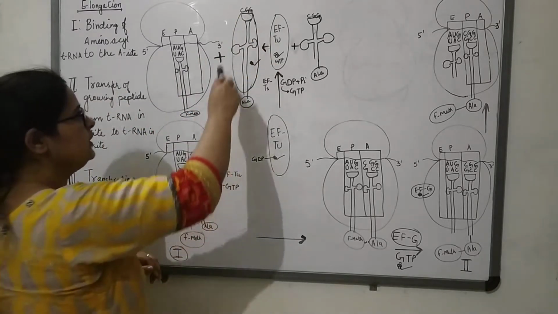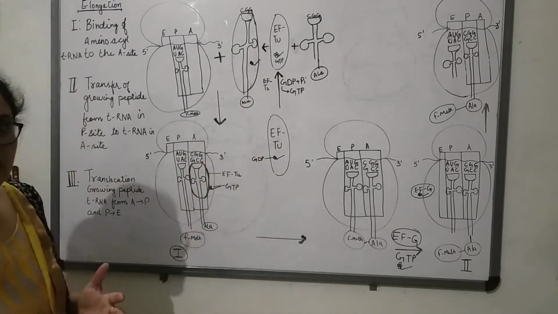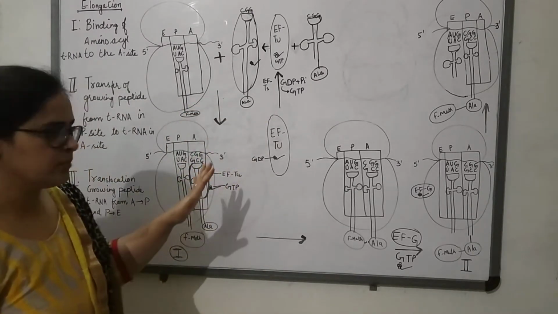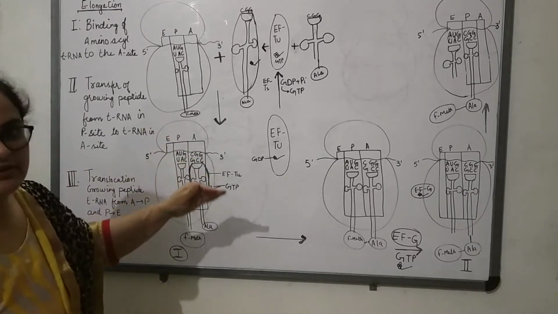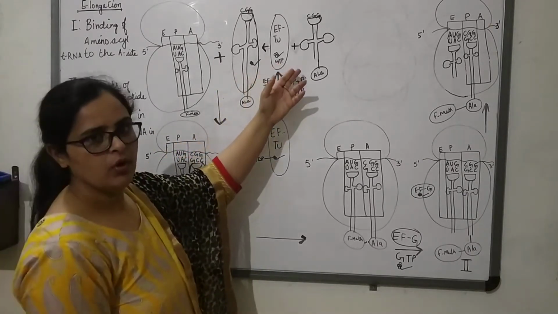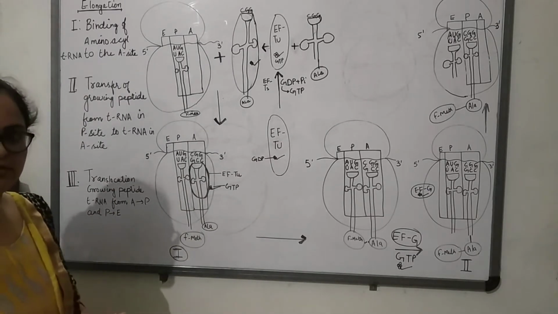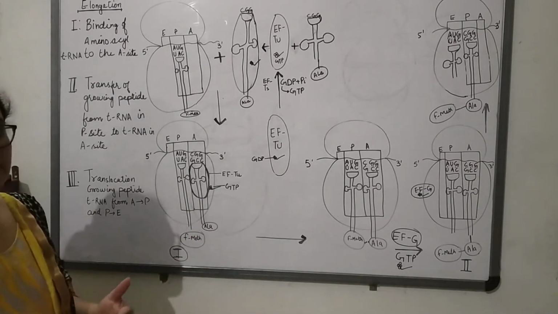This GTP comes from the elongation system only. You will see how GTP is involved, how we can utilize it, and how it is released and utilized by the system.